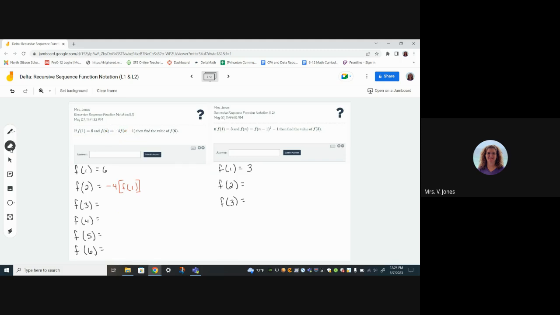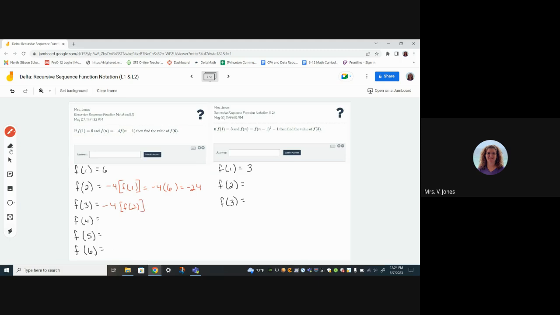All right, so when we work this out, you'll see that you take your negative 4 and you multiply it by f sub 1, which was the term in front of it, which was 6. All right, then we go to the next one. All right, so for this one, we're going to take negative 4 and we're going to multiply it by f sub 2.